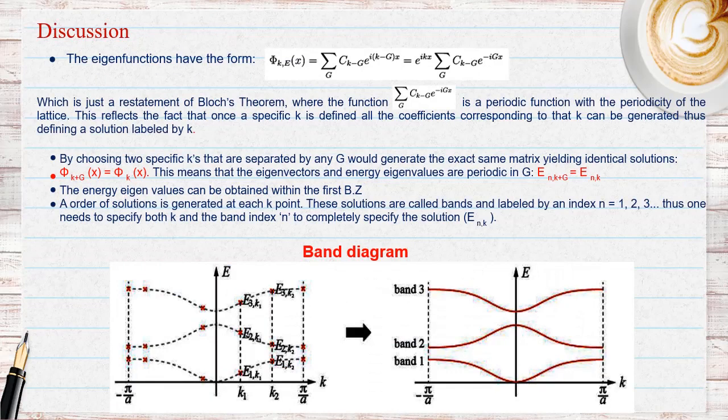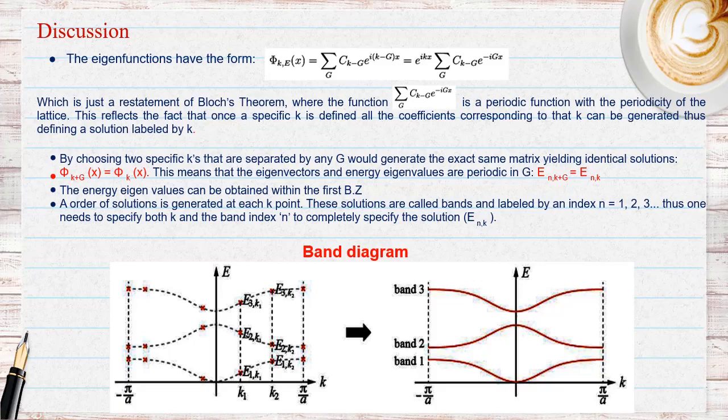The energy eigenfunctions have the following form, represented by φk, that is equal to the summation over g of C(k-g) e^(i(k-g)x), that is equal to e^(ikx) times the summation over g of C(k-g) e^(-igx).